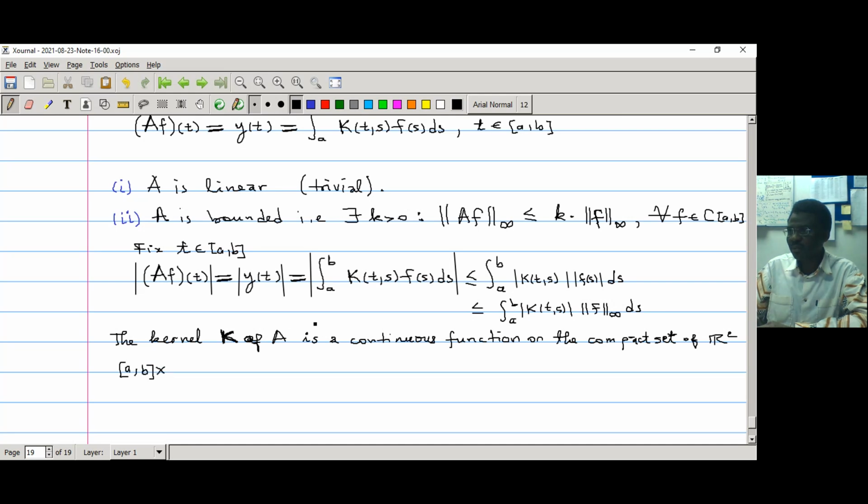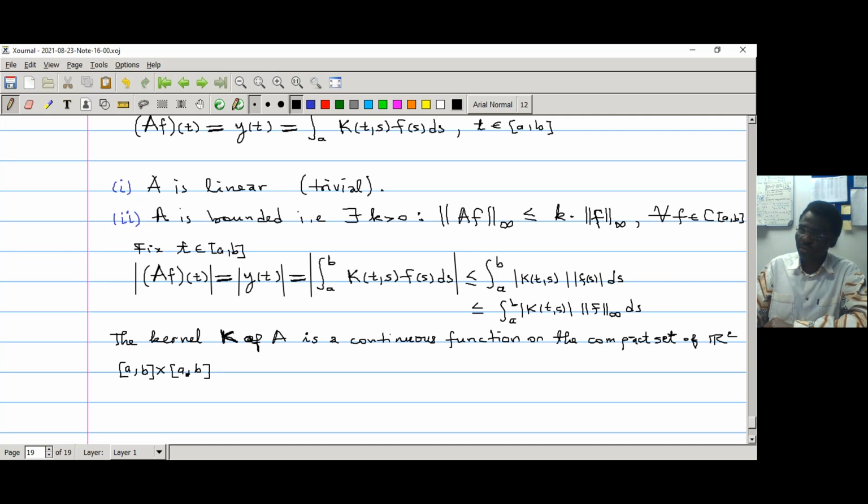That is for the first variable, t. Remember, we said t is taken in AB. The second one is s, and s is also in AB. So we know that this is compact in R, this is compact in R, and the product is compact in R2.